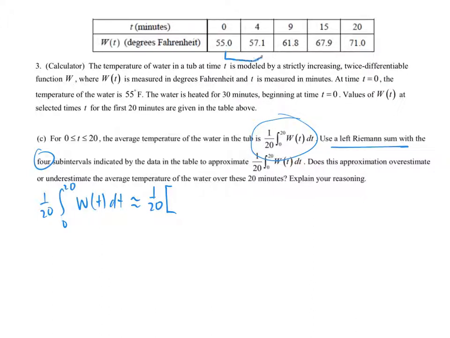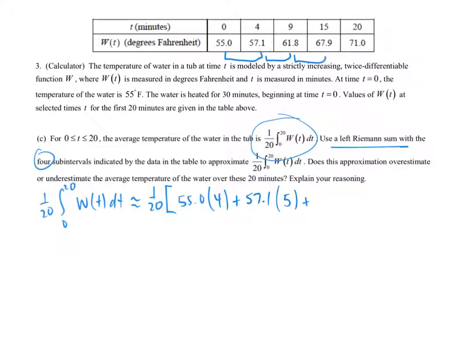So for my left Riemann sum, here's my first subinterval. I'm going to use the number that's on the left, and so that would be 55.0. And then I'm going to multiply by the width of that subinterval, which goes from 0 until 4. And so the width of that subinterval would be 4. Plus, if I go to the next subinterval, the number on the left is 57.1. I'm going to multiply by the width of that subinterval, which goes from 4 until 9, so that would be a width of 5.